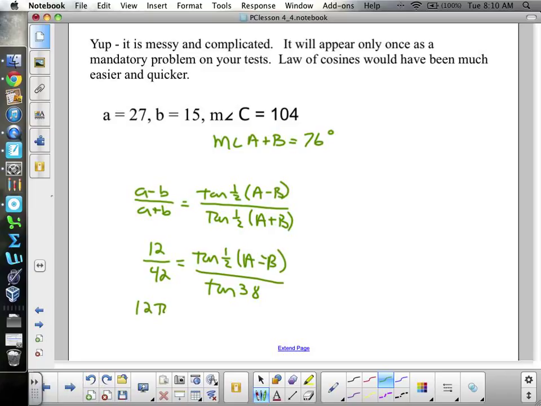So 12 tan 38 over 42 is the tangent of 1/2 (A minus B). 12 tan 38 divided by 42. Oh, I'm in stat mode on this one. Never mind. 12 tan 38 divided by 42 is 0.2232.